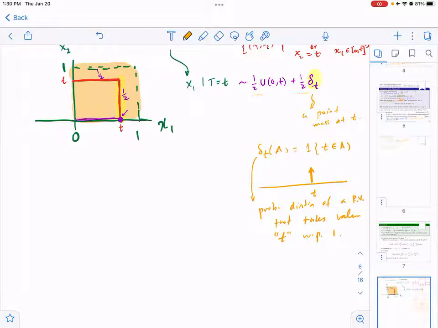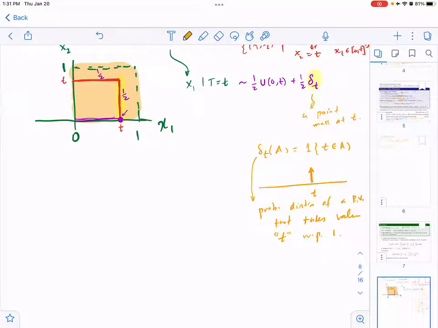You can say Dirac, but it's not the infinite physics Dirac. It's the measure-theoretic Dirac. It's a well-defined, very simple measure. Does that make sense to people? Go back to the slides where I talk about the empirical distribution. It should be clear there. Okay.